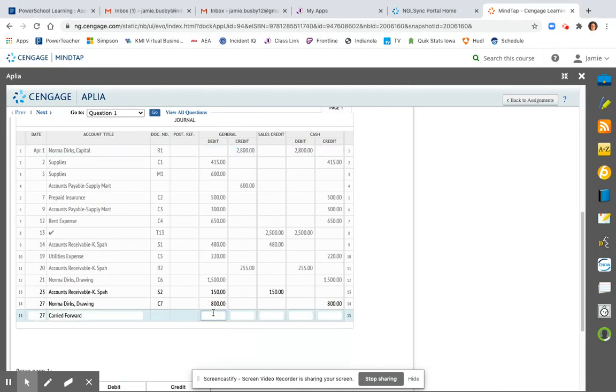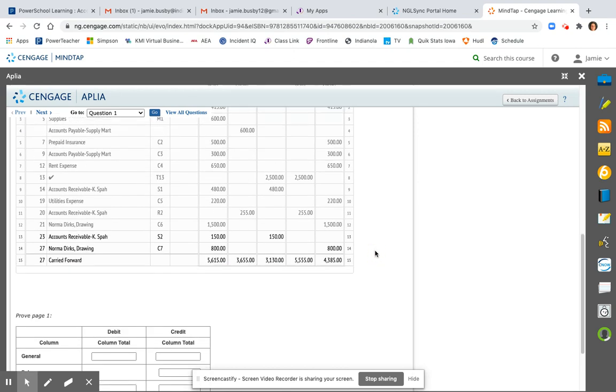So we'll go through and add those totals in. I already have them totaled up, so I just need to place those in there. These are totals of the entire column. And there are our totals.